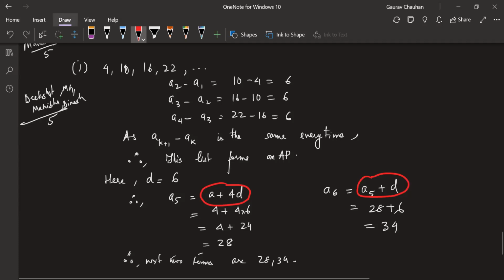You have to write the formula, because this chapter is so easy that if you don't write the formula, it's a simple excuse for the examiner to cut a mark. So just make sure you write your formulas and don't leave out the reason, otherwise there is again a chance of cutting marks.